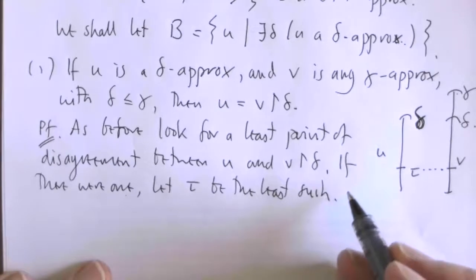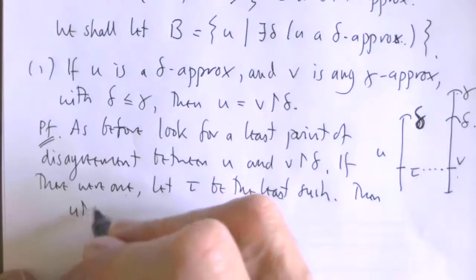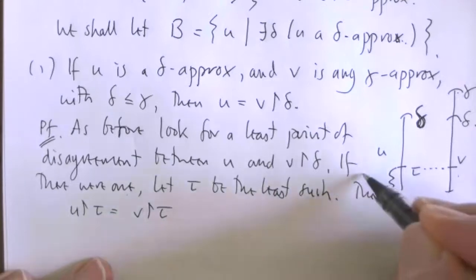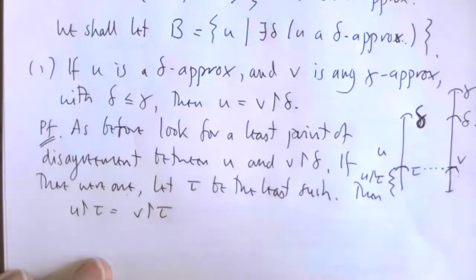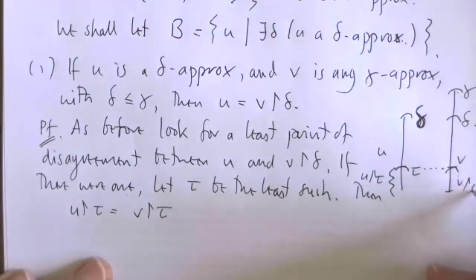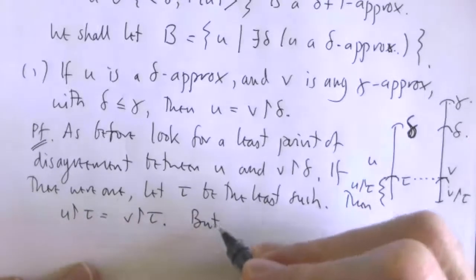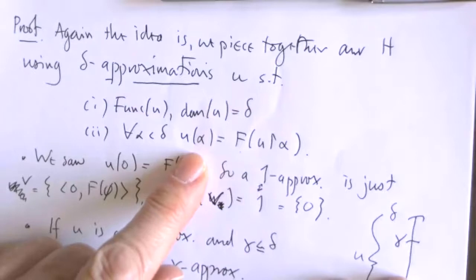Because Tor is the least such, below Tor, they agree. Right? So here would be U restricted to Tor. So they agree up to Tor, but somehow at Tor they're supposed to differ. But they're approximations. So they must satisfy this clause here.